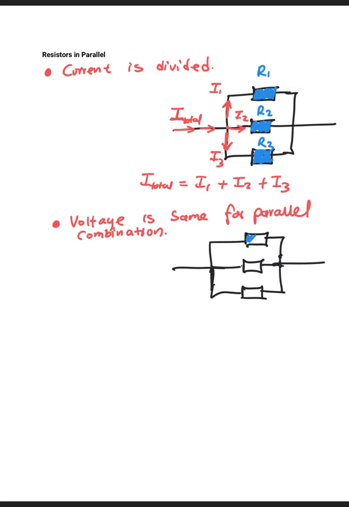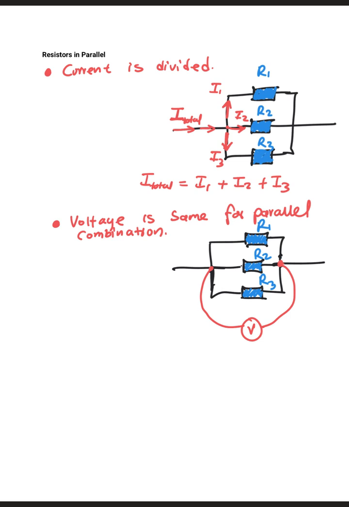And then we have our resistors: resistor R1, resistor R2, resistor R3, right? So when we measure the voltage here, we will measure it from that junction, using a voltmeter.